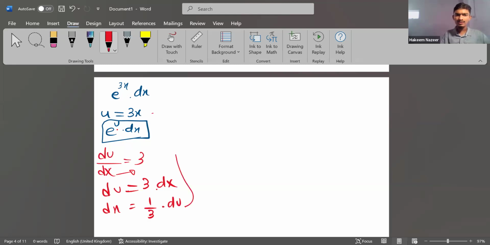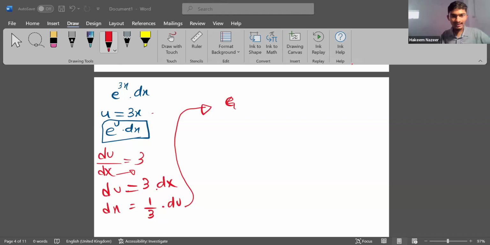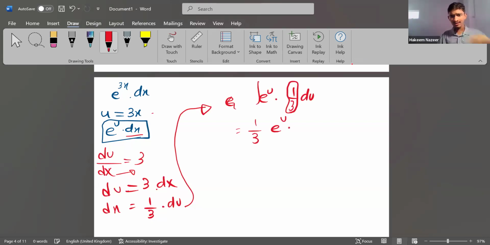Now we just substitute this. Again rewrite the question. We can write dx as 1 by 3 du. Then e to the power u into 1 by 3 du. 1 by 3 is a constant, so the integral of e to the power u is e to the power u.